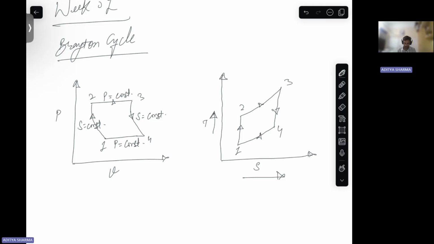So 1 to 2 is your compression. This is combustion. This is expansion in the turbine. So this is your Brayton cycle.